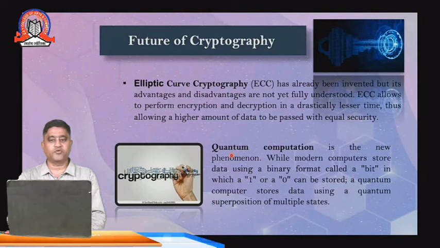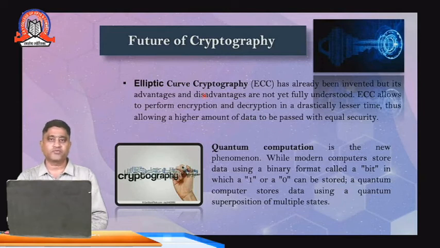Coming to the future of cryptography, what would be the future of cryptography? Other forms such as elliptic curve cryptography have already been invented, but the advantages and disadvantages are not fully understood. Elliptic curve cryptography allows encryption and decryption to be performed in a drastically lesser time, thus allowing a higher amount of data to be passed with equal security.